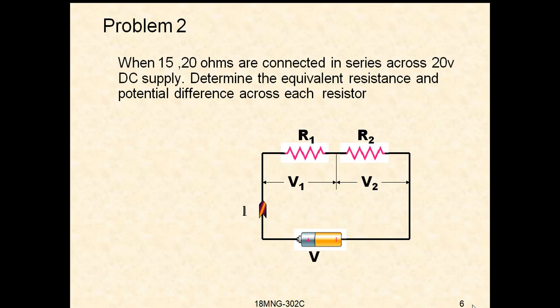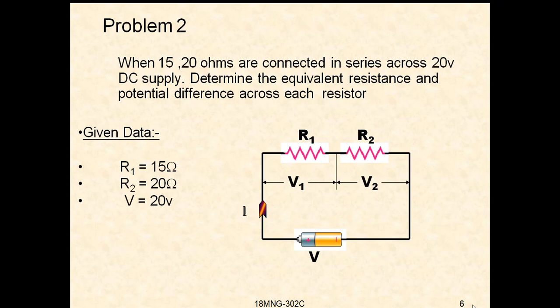Here, this is the circuit for the problem, and the given data is R1 is equal to 15 ohms, R2 is equal to 20 ohms, and there is no R3.